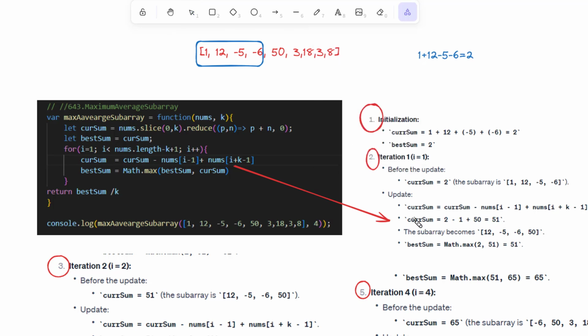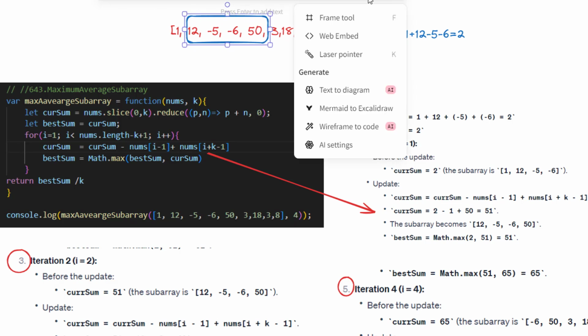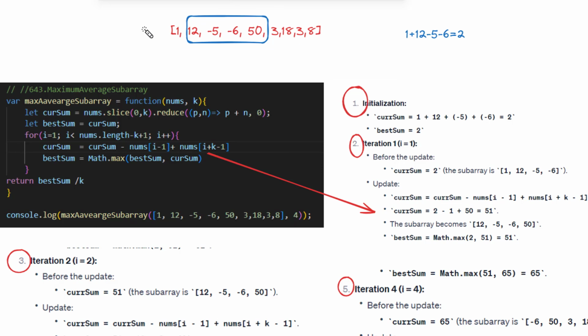It will update the current sum: current sum minus 1 plus 50. So in the second slide, it will reduce 1 and add 50.